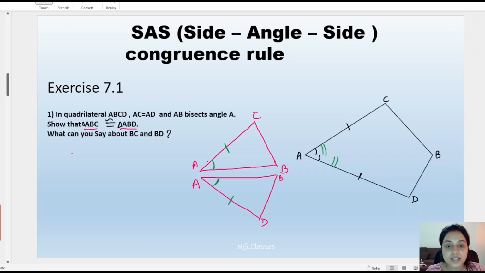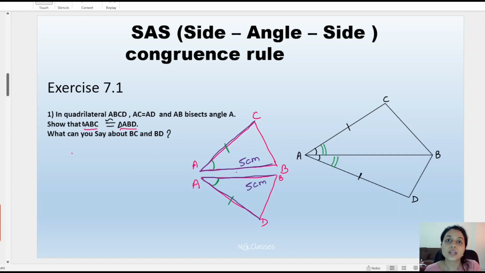So here we can see AC, AB is the same as AD and AB, right? Since AB is the common side, if here it's 5 centimeters, in the other triangle it will also be 5 centimeters only, right? So two sides are the same.